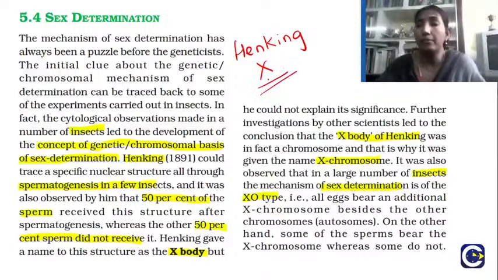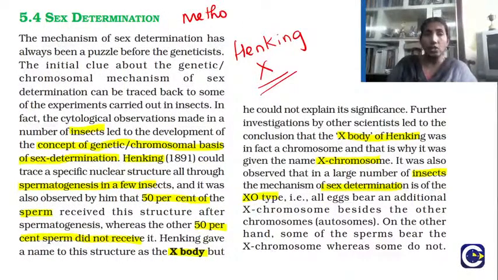So we have different types of sex determination, which have to do with sex chromosomes. Sex determination is a method by which we distinguish between a male and a female, established in a particular species.